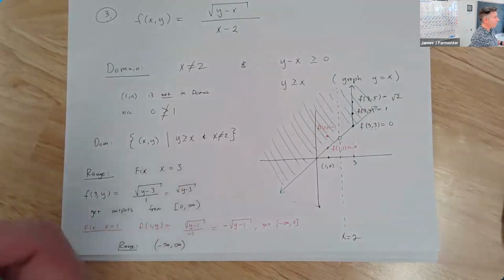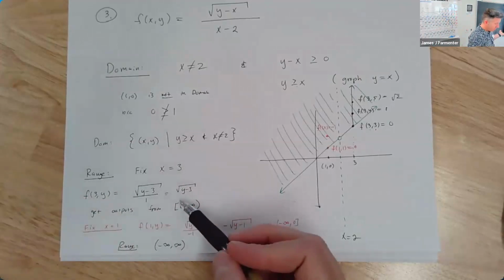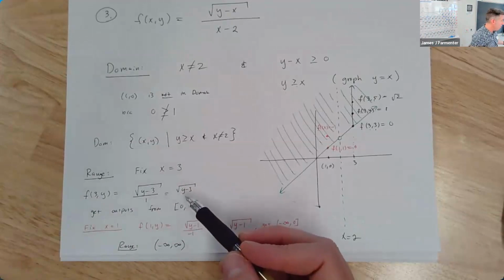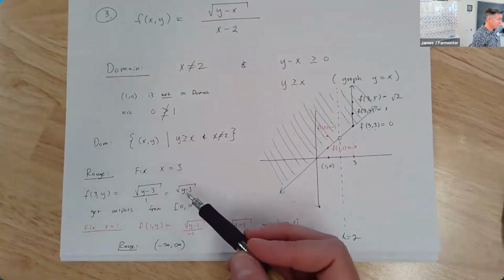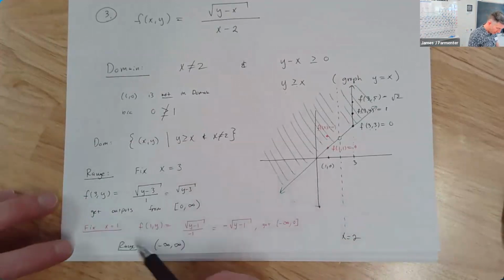And then I ask myself, okay, having set x equal to 3, if I let y range over all possible values it's allowed to be, what kind of outputs do I get? Well, y can go as low as 3, which gives me an output of 0, and y can go as high as infinity, which gives me an output of infinity. Same deal down here.